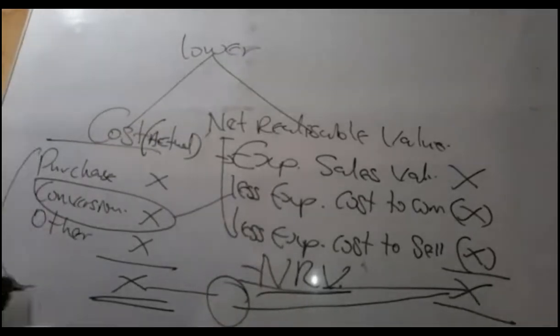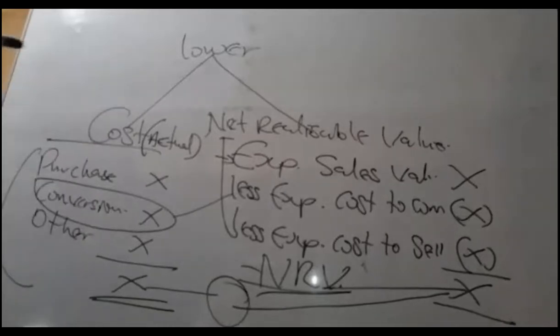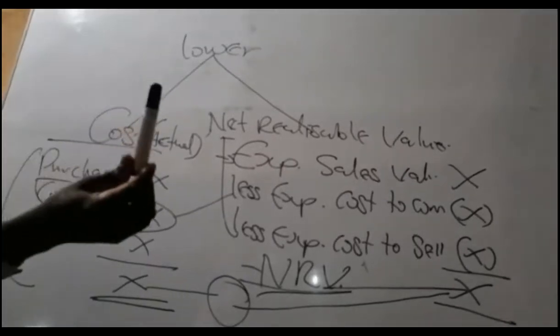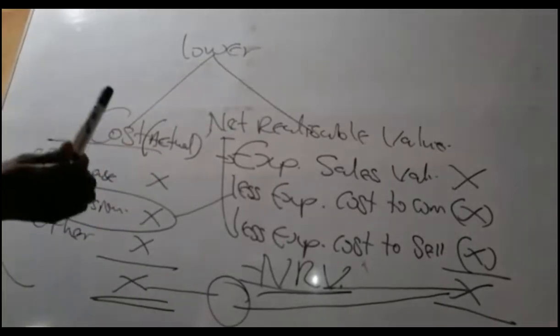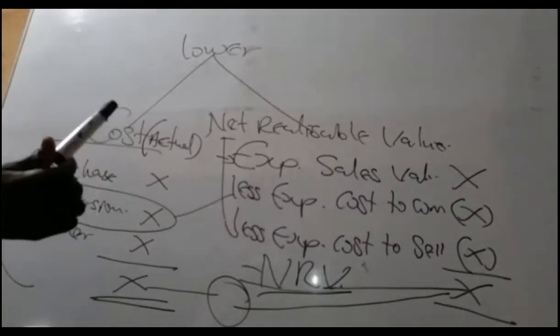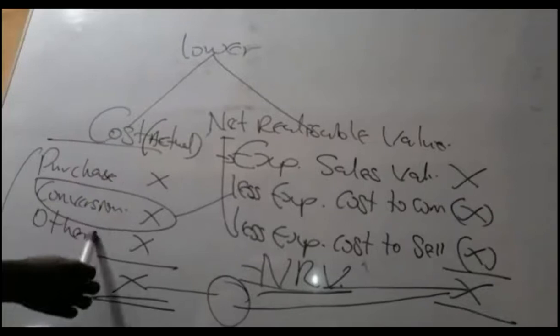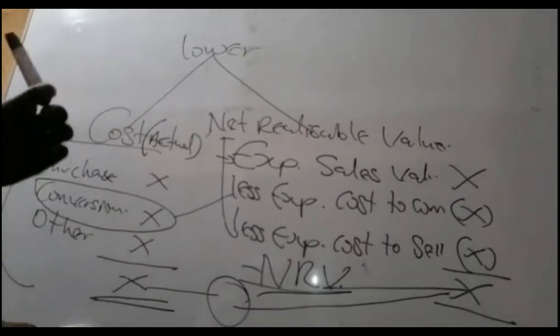If I sell markers, I ask myself, what's the cost of this marker? How did I get this marker into my workshop? The cost I incur, the purchase cost, maybe I do some work on it, any other cost. So one is 80 pesos. That's my cost, 80 pesos.